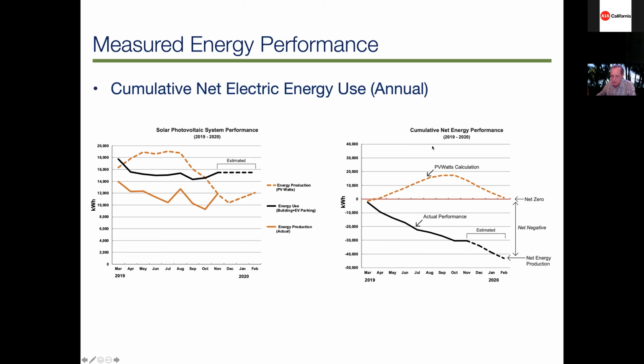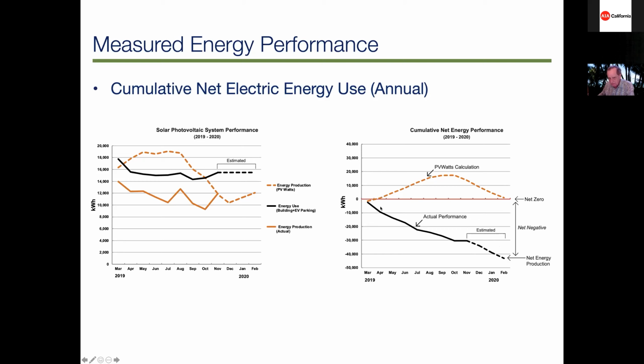I just want to show this cumulative net energy performance curve, which is very interesting. I'll just say John Andrea of Integral Group showed me this. I think it's a very good way of representing zero net energy performance. So you take the energy produced in a month and subtract the energy used. And if you're using more than you're producing, you're going to have a negative number, and for that month, you have a data point here.